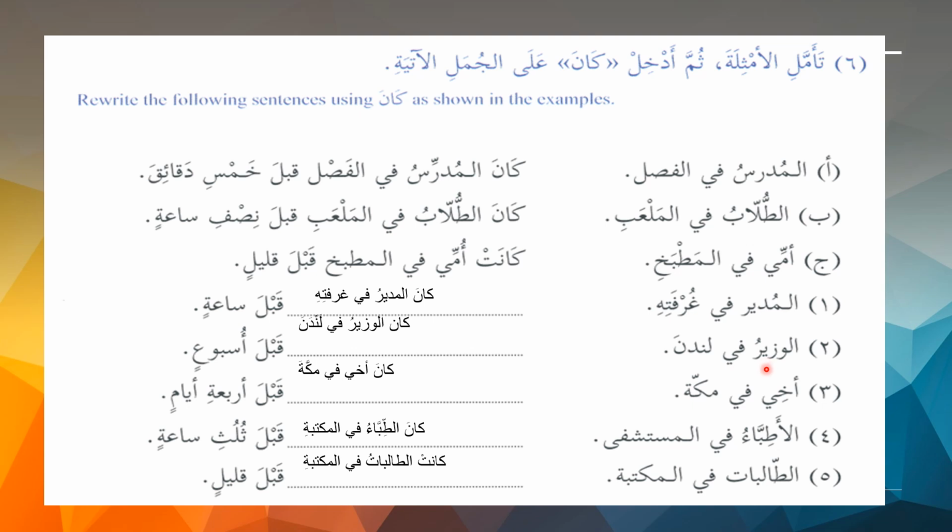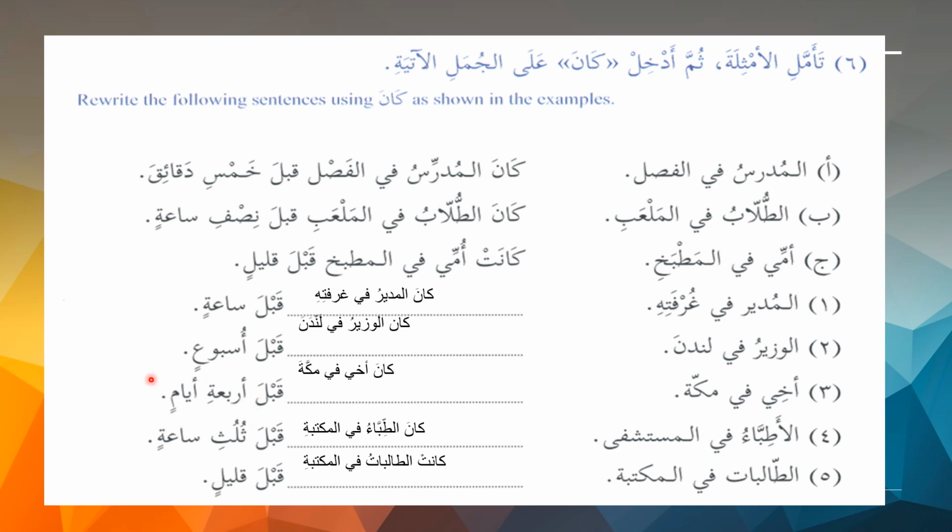Al-Waziru fi London means the minister is in London, so a male singular person is in question. كان الوزير في لندن قبل أسبوع means he was in London one week before. Then أخي في مكة means my brother is in Makkah. كان أخي في مكة قبل 4 أيام.